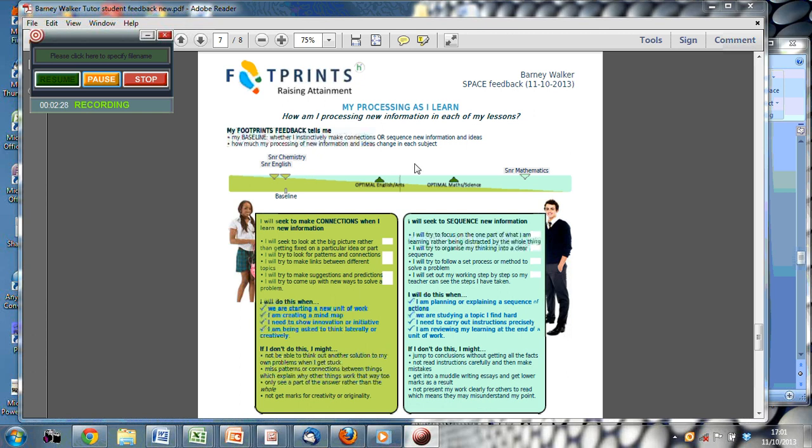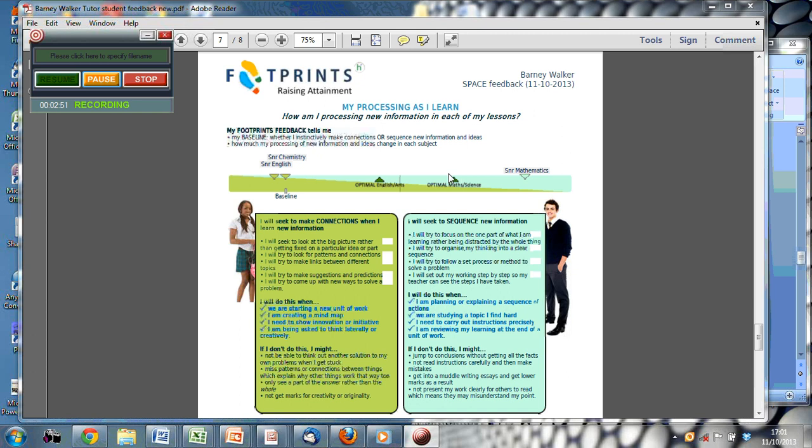When we look at our optimal scores here, we see that the optimals for both our core subjects, maths and science, and English and the arts, are quite close to the centre. In English and the arts, students need to be able to make connections, and they also need to sequence new information.